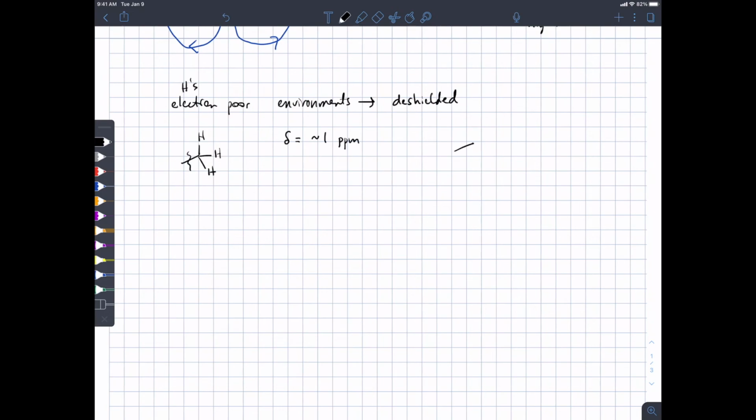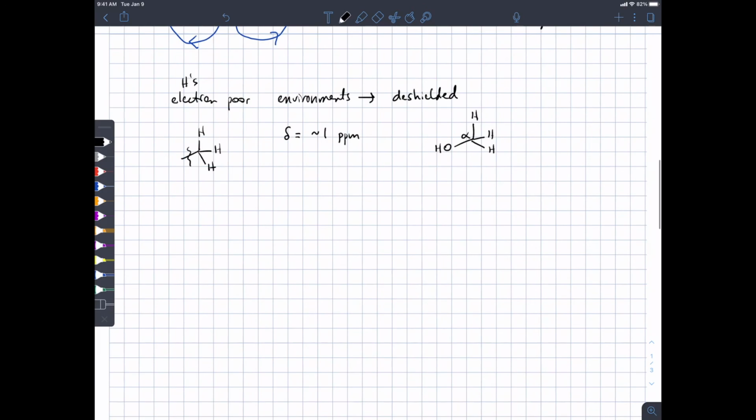But if you put that hydrogen alpha to an electronegative atom, suppose like an alcohol, the chemical shift you will observe will be in the 3 to 4 ppm region. So yes, proximity to electronegative elements can cause de-shielding. And you would say that these methyl protons adjacent to the OH group are de-shielded relative to the ones that are just on a hydrocarbon chain. Good. Other questions?